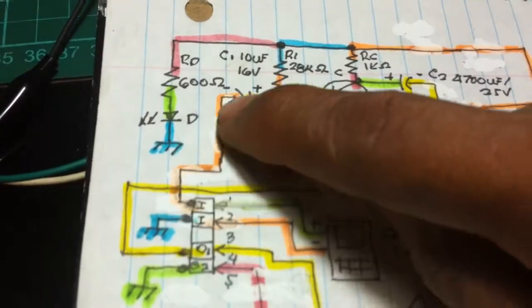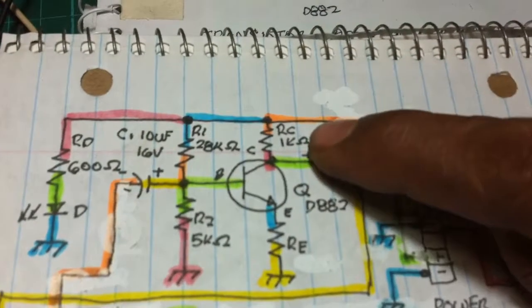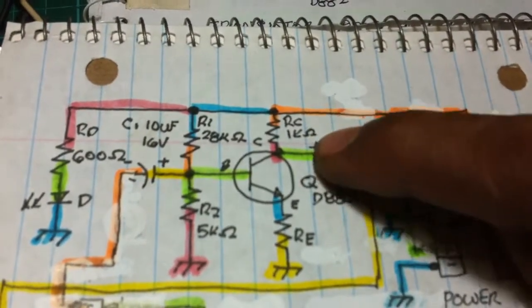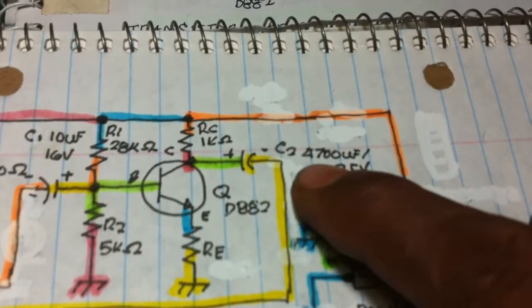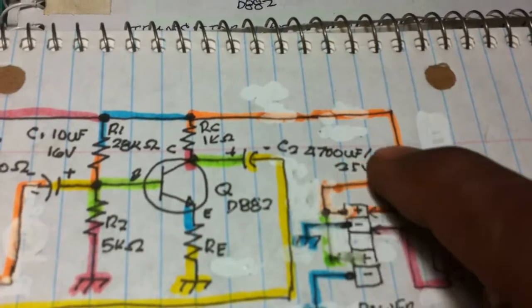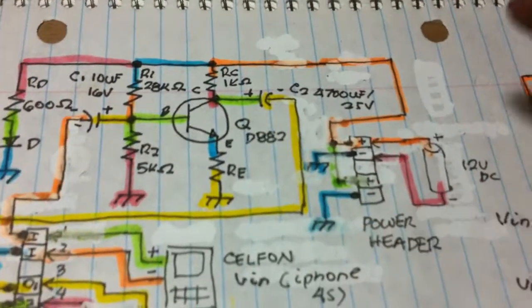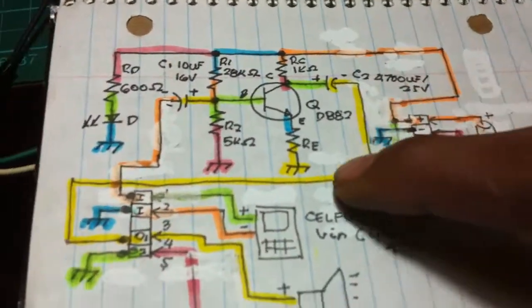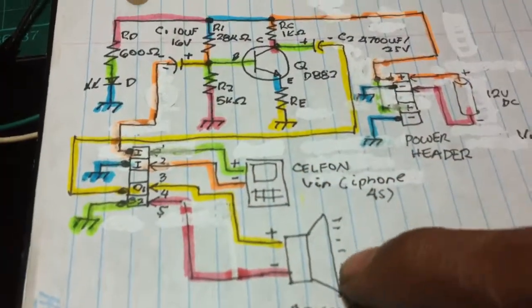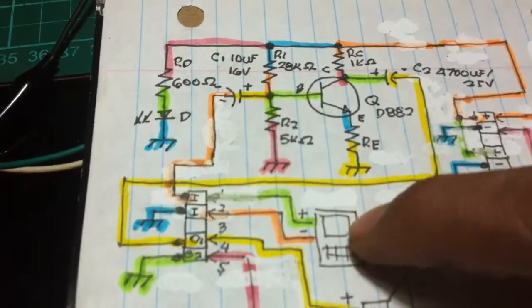Now the input is going to the base of the transistor, and also we have here the collector resistor 1 kilo ohms, a coupling capacitor of 700 microfarad 25 volts for the speaker, which is connected to the speaker, the output, the input connected to the cell phone.